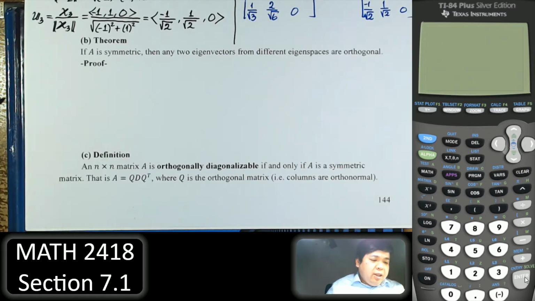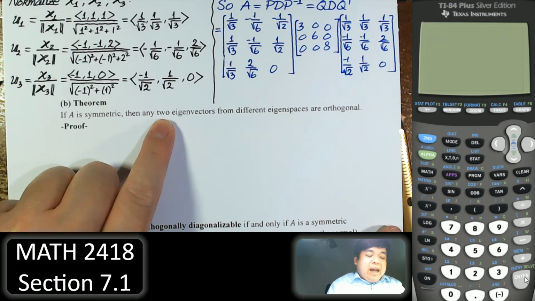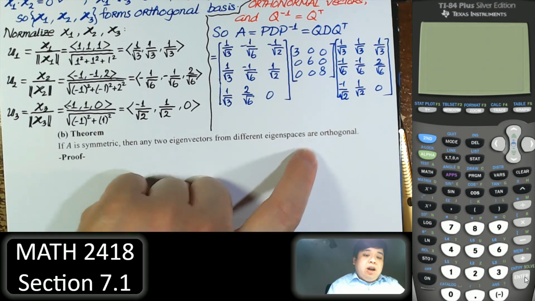Right. Now, theorem. If A is symmetric, then any two eigenvectors from different eigenspaces are orthogonal.